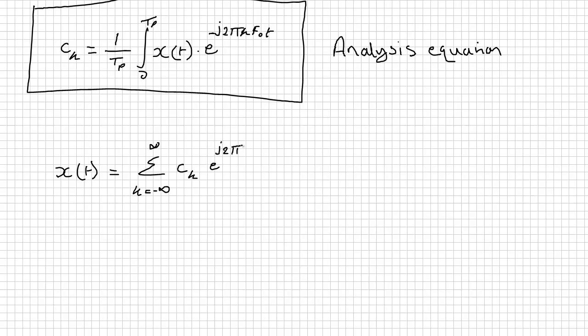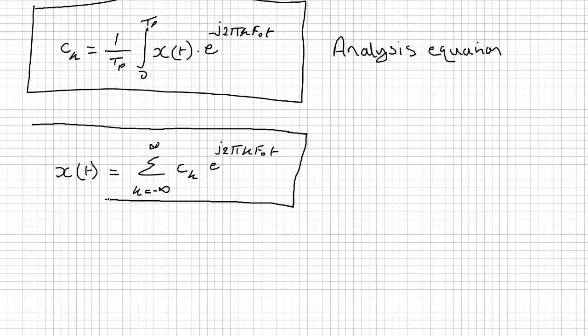So this was the equation, and so what we're doing here is, of course, recreating or creating a signal by using a set of weights. Because of that, this is known as the synthesis equation.